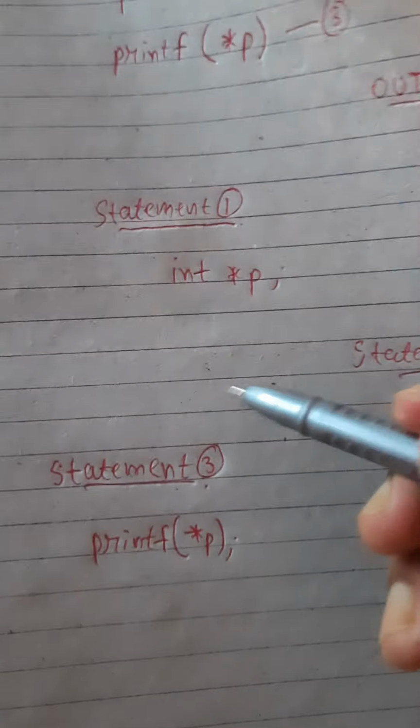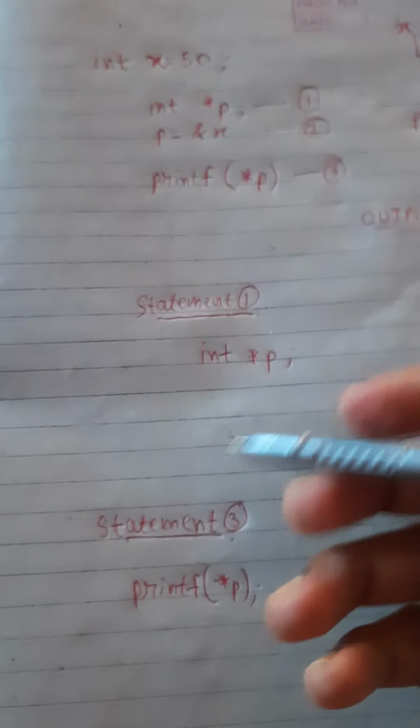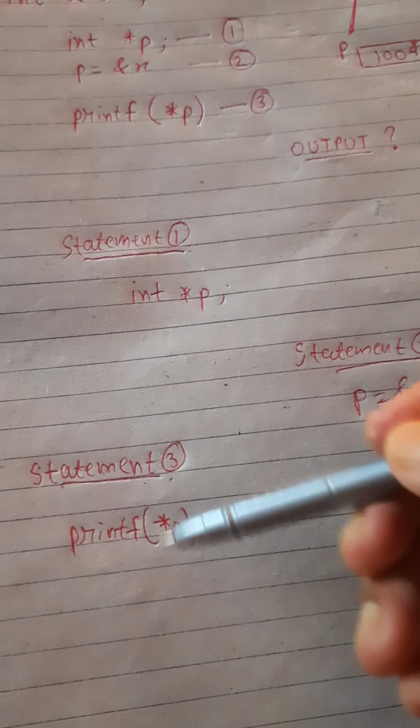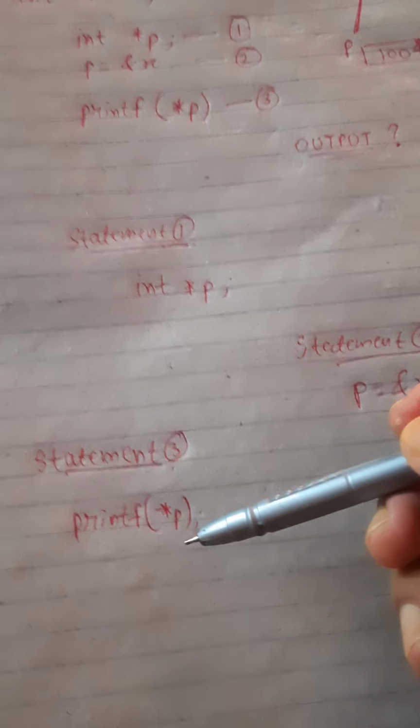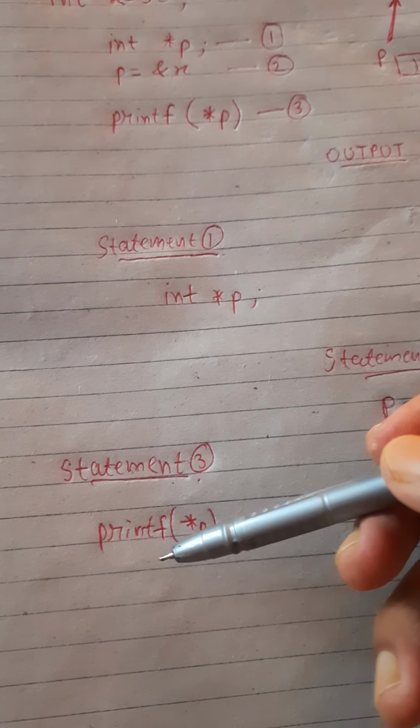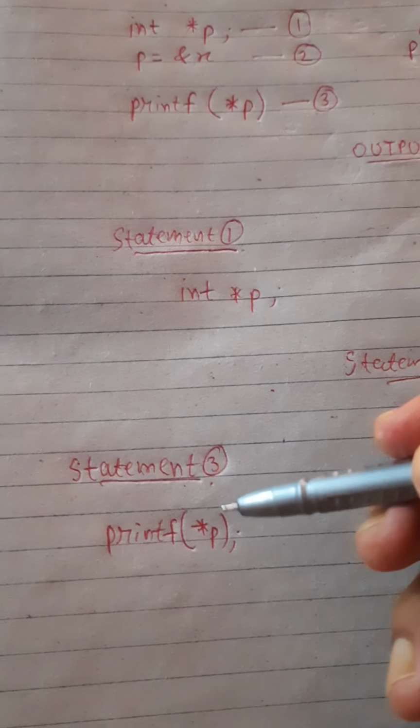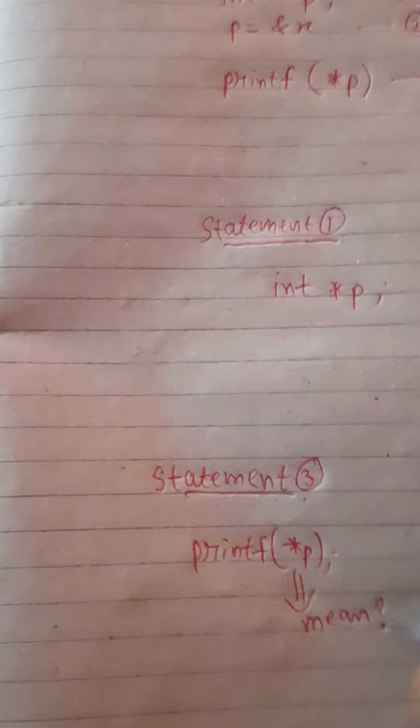In this statement 3, this is not an assignment statement, as you can see clearly. This is an executable statement. So here star p. What does this basically mean?